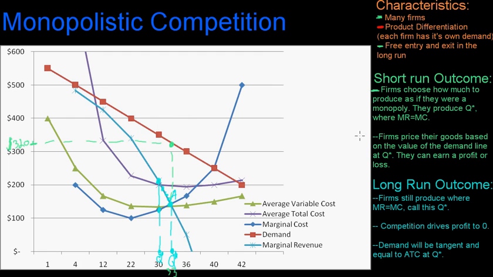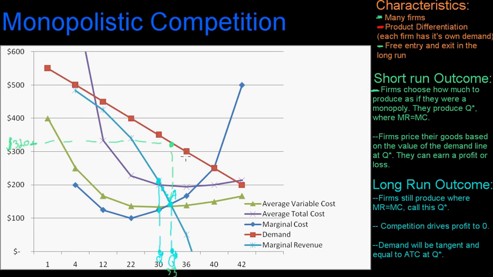All right, so now we're going to get down to the long run. What changes to go from the short run to the long run is free entry and exit. So there is free entry and exit of firms in the long run. Just like in perfect competition, if firms are earning a profit, then more firms are going to enter the market and shift this demand line left up until the point where firms are earning zero economic profit.